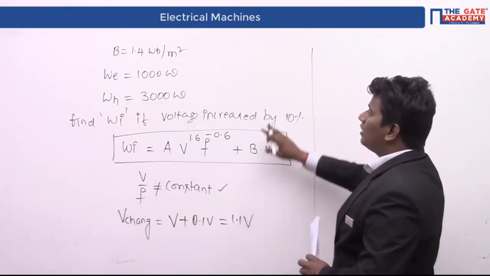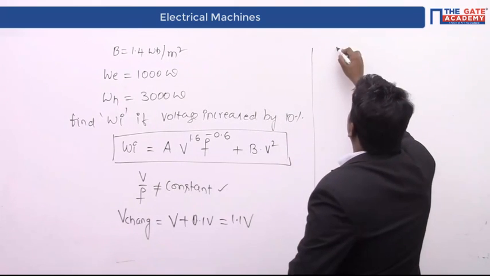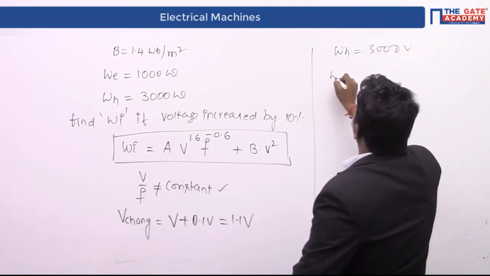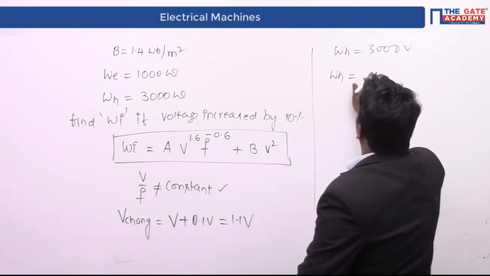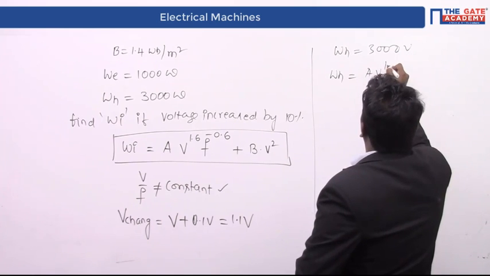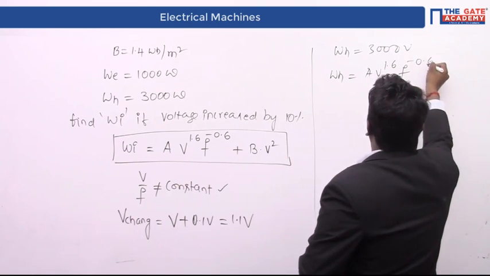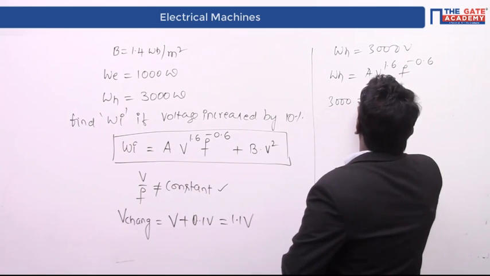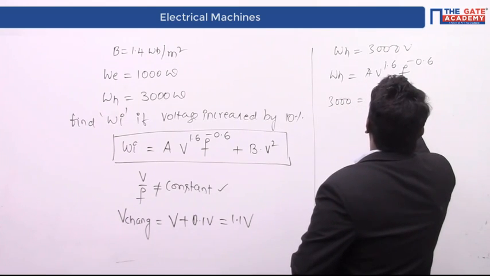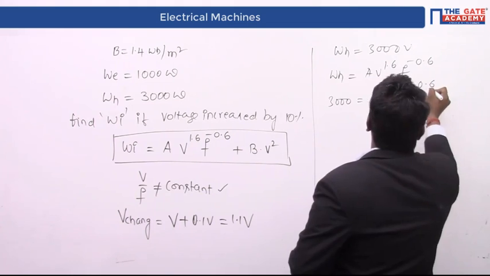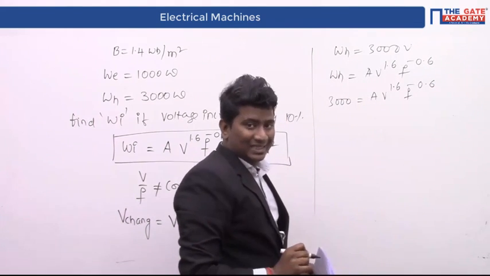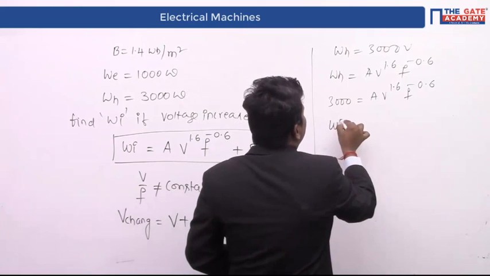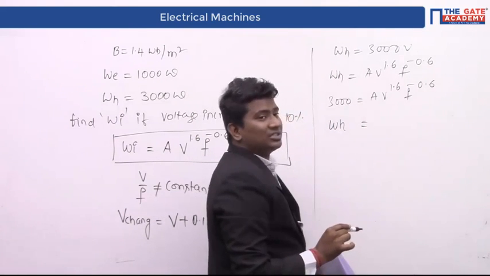From the data, the hysteresis loss is given as 3000 watts. As we know, hysteresis loss is equal to A into V to the power 1.6 F to the power of minus 0.6. Therefore, 3000 is equal to A into V to the power 1.6 and F to the power of minus 0.6. And after changing the voltage, what is your hysteresis loss?